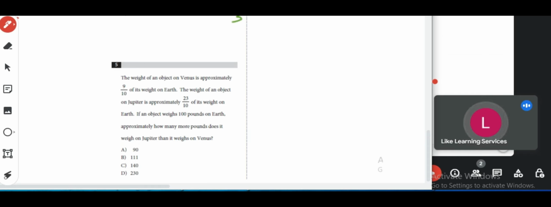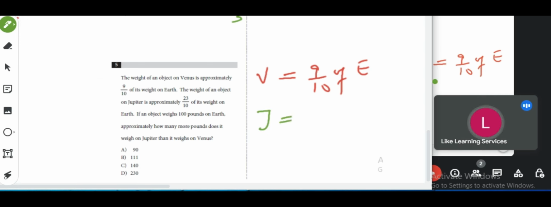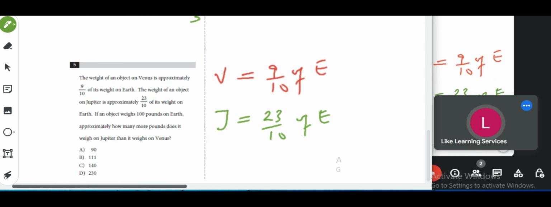See, Venus is 9/10 of Earth. Jupiter is 23/10 of Earth. Are you seeing that?